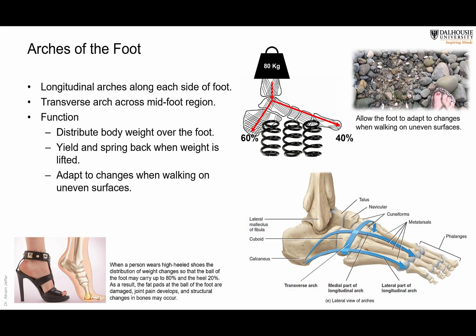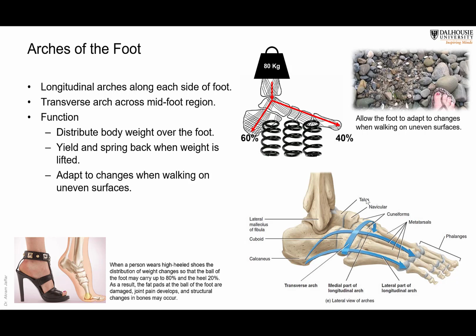Then we have the arches of the foot. These are bony arches of the foot. So we have 2 longitudinal arches, as you can see them here: one lateral, one medial, and then we have the transverse arch. If you look at your wet footsteps on the floor, you will probably find only one arch, which is the medial longitudinal arch.